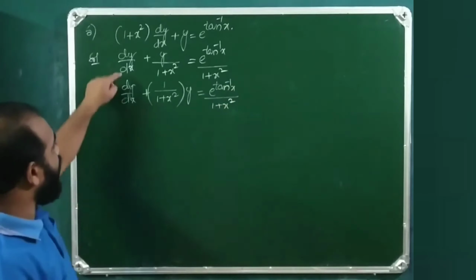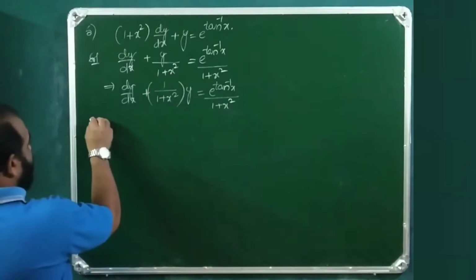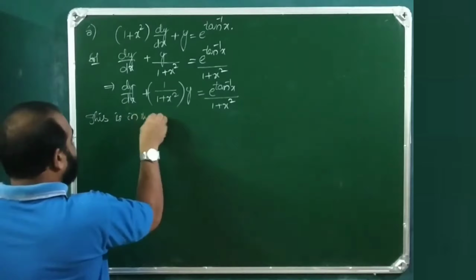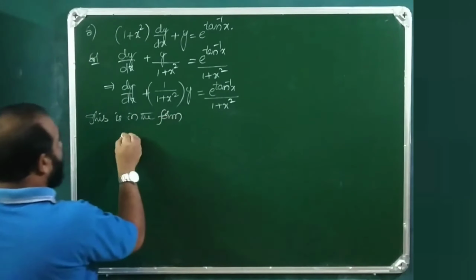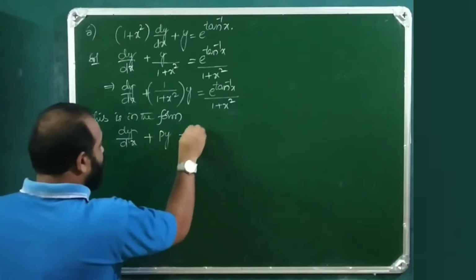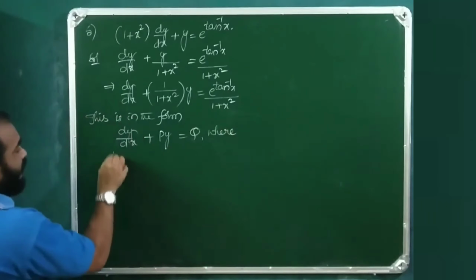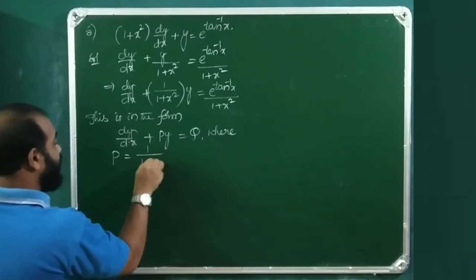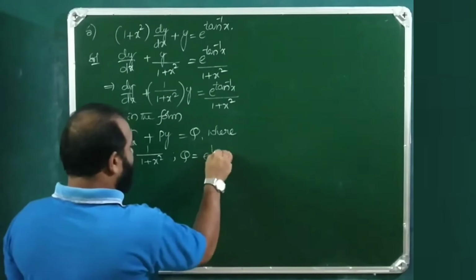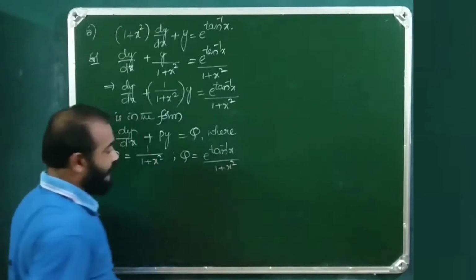This is in the form dy/dx + Py = Q, where P = 1/(1 + x²) and Q = e^(tan⁻¹x)/(1 + x²).